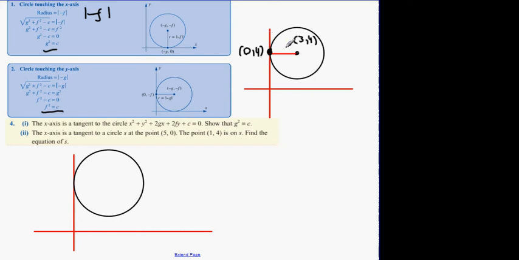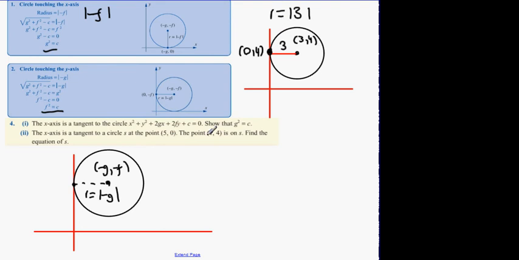What does that mean about the radius? 3. Likewise, the centre is (minus g, minus f), and if you go to the left, the radius has to be equal to the modulus of minus g, in the same way that the radius is equal to the modulus of 3.